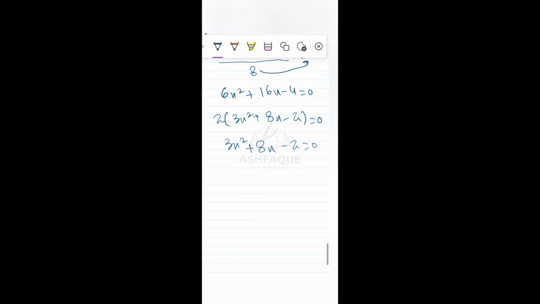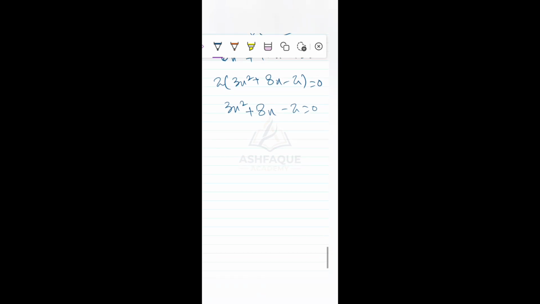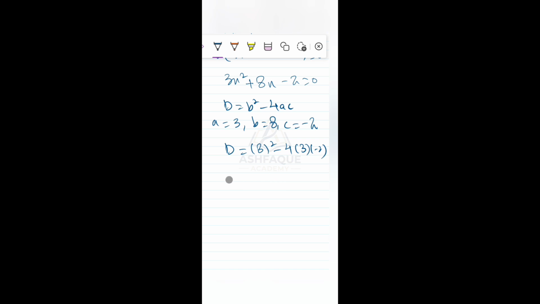Now we will find the discriminant of the equation. D equals b square minus 4ac. The value of a is 3, b is 8 and c equals minus 2. So D equals 8 whole square minus 4 into 3 into minus 2. So D will be equal to 64 plus 24.